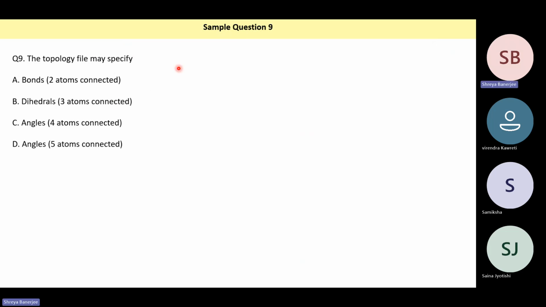The topology file can specify what? Can you try this? If you have to choose only one option, which one will you choose? It's the first one actually.